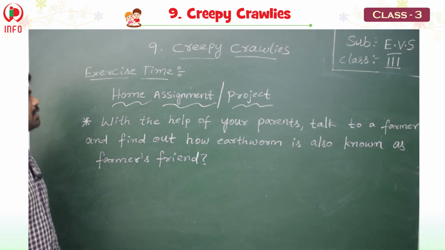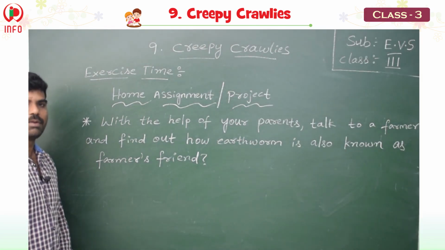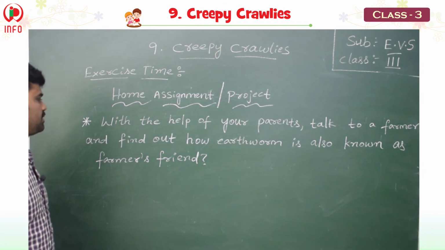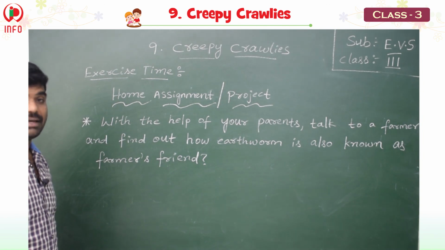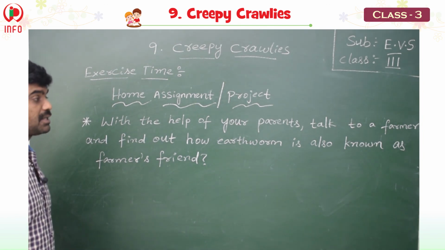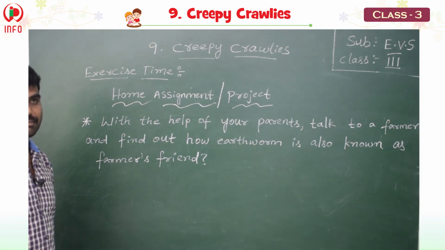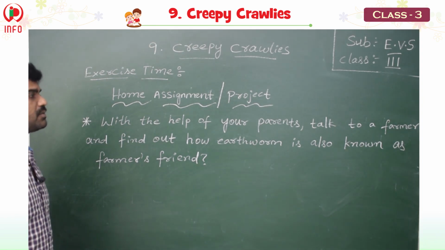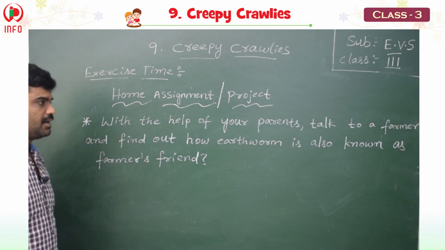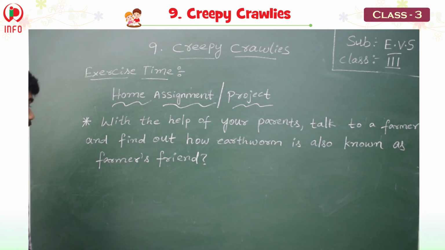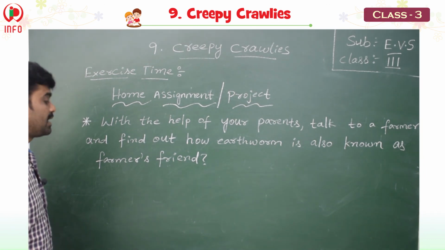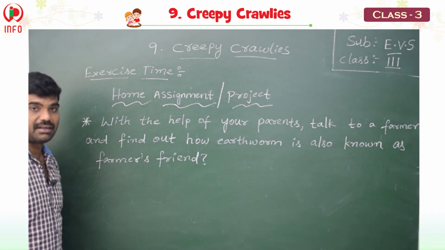Children, now it is the last one, project, home assignment. With the help of your parents, talk to a farmer. Farmer is the person who does agriculture. So, with the help of your parents, go to the farmer and talk to him and find out how the earthworm is also known as the farmer's friend.